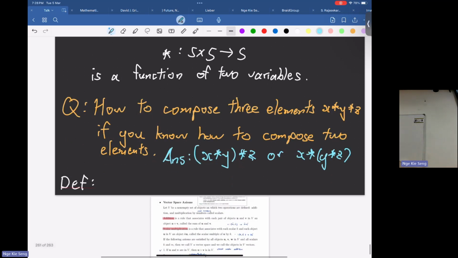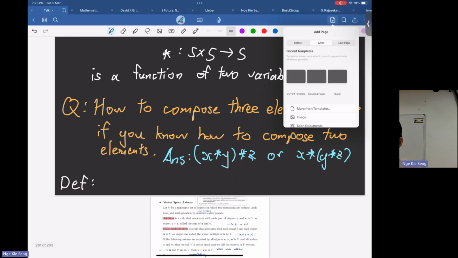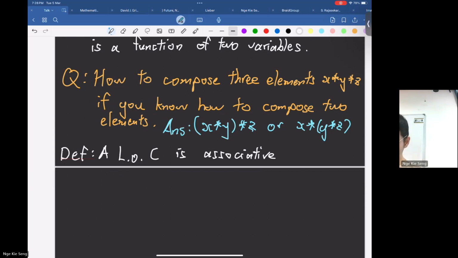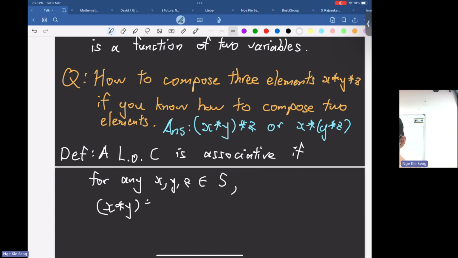Right. So we will define another term. We will say that a law of composition is associative if, for any three elements in your set, these two kinds of composition are the same.